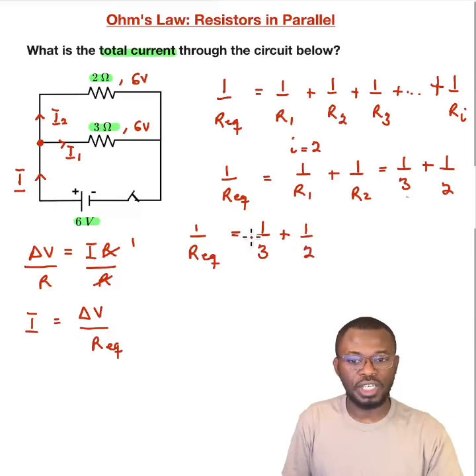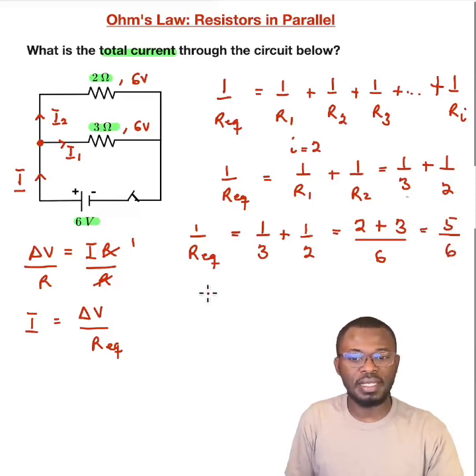This is a fraction, so we are adding 1/3 to 1/2. There are many ways to go about this, but I will do the cross multiplication approach. I cross multiply 1 times 2, which gives us 2, plus 1 times 3, which gives us 3, and then I divide by the product of the denominators, 3 times 2, which is 6. We can simplify this to 5 over 6.